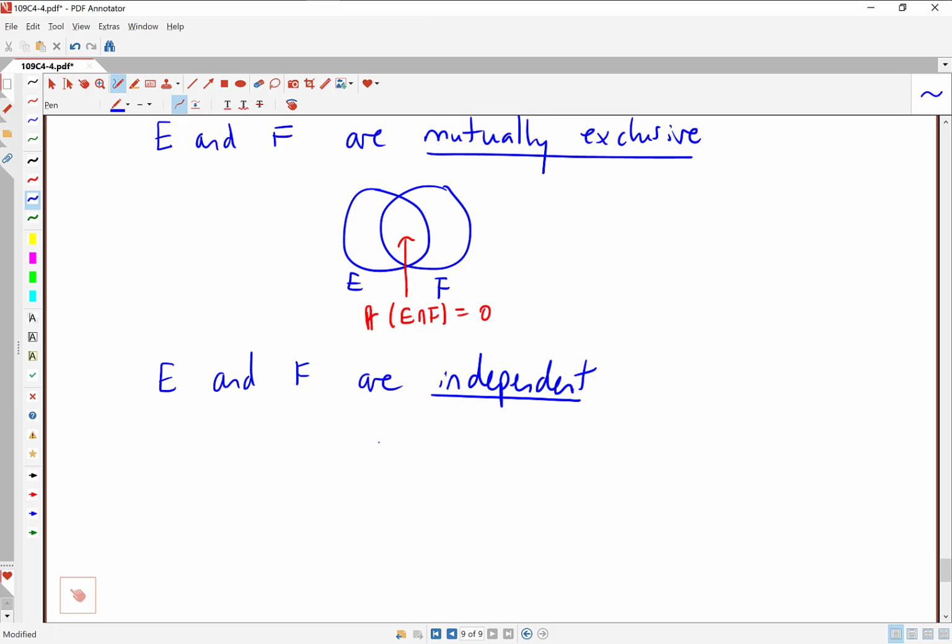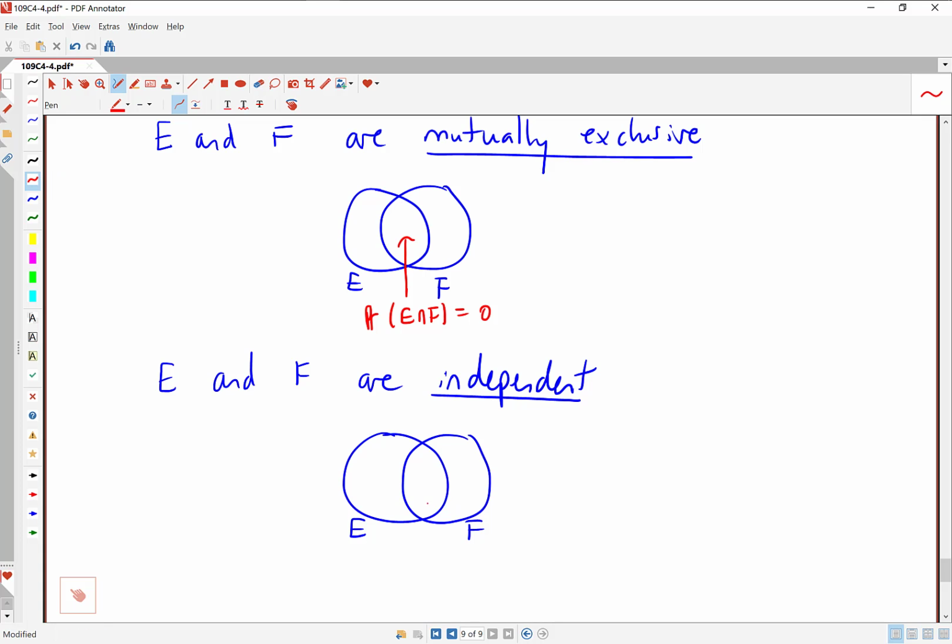Saying that two events E and F are independent is a more conceptually complicated idea. What we're saying is that if two events are independent, then knowing that one occurs does not affect the likelihood. It doesn't change the likelihood of the other one occurring.